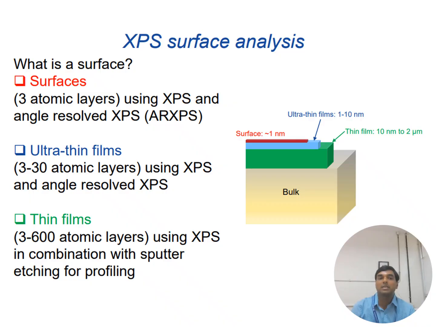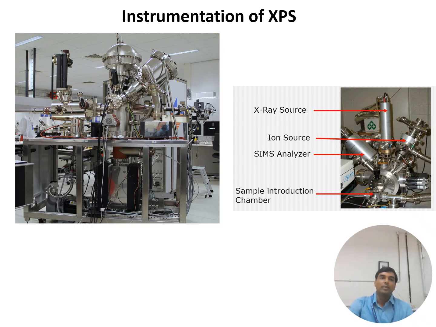So thin film is definitely thicker compared to ultra thin film and the surface. You can see here ultra thin film, then thin film, which goes up to the micron level, ultra thin film up to 10 nanometers, and surface is 1 nanometer.